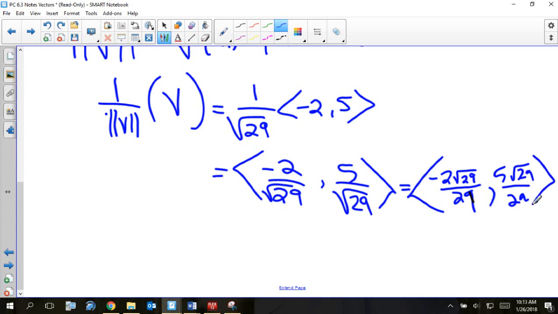So that should be the unit vector. How do we know it's a unit vector? No, what's the definition of a unit vector? What's on the paper? What's the definition of a unit vector?